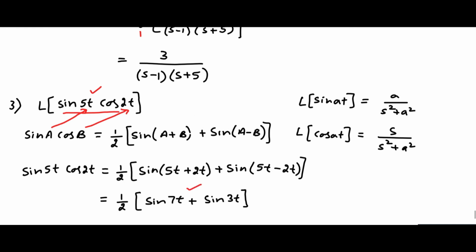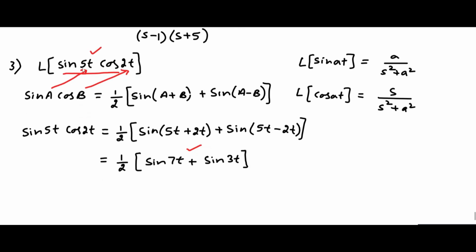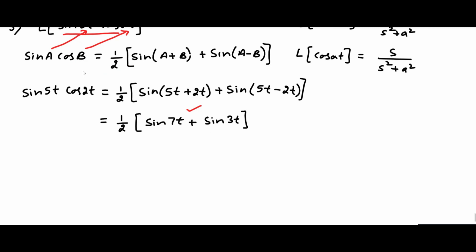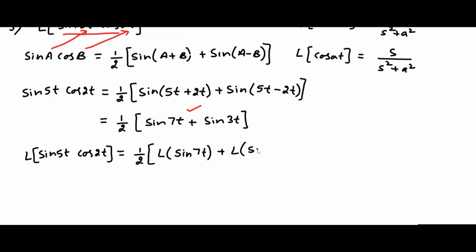Now we can apply the Laplace transform on both sides. The Laplace transform of sine 5t into cos of 2t will be, taking half outside, the Laplace transform of the first term, sine 7t, and of the second term, sine 3t.